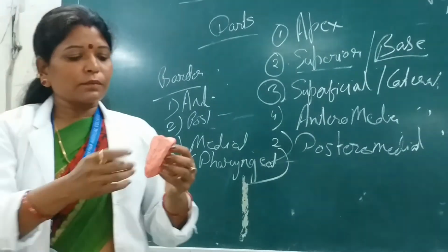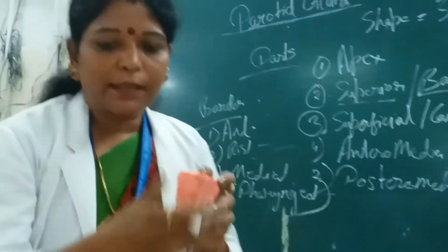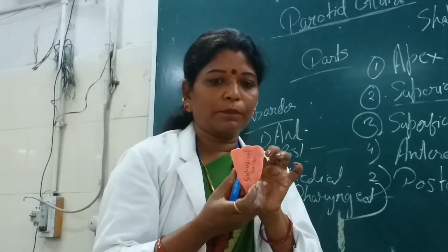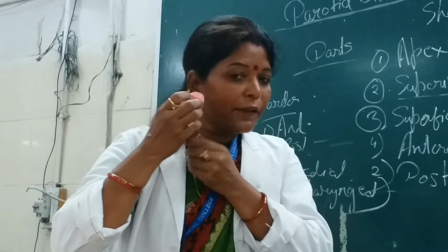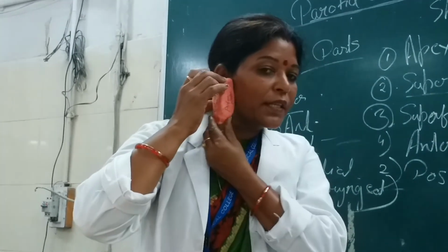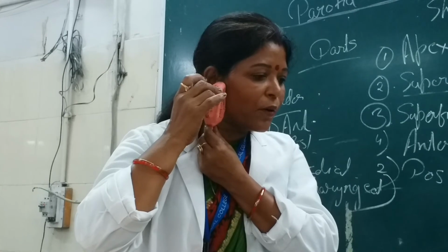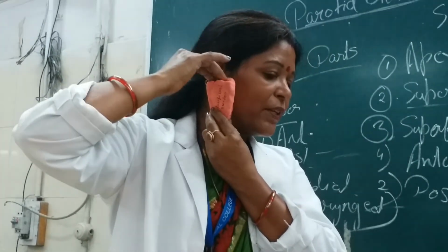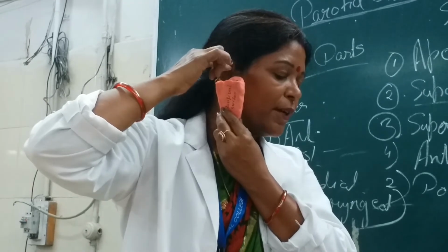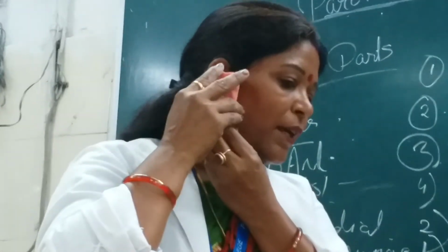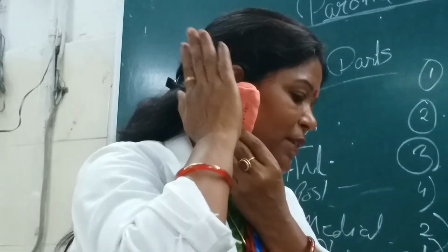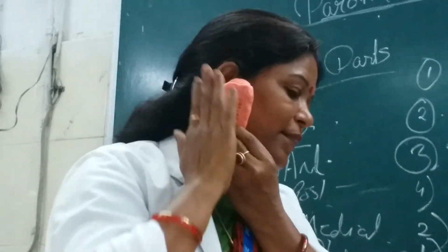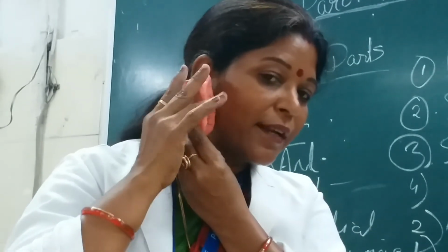Look here. This is the shape of the parotid gland. If I am placing it like this, this is the apex of the parotid gland. This is the base of the parotid gland, which is facing towards the external auditory meatus. This is the part of the surface which is just lying over the skin, that is the superficial or the lateral surface.